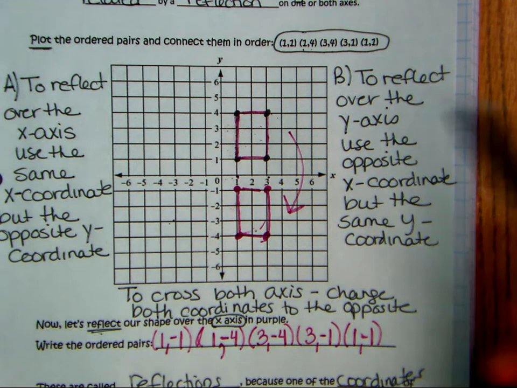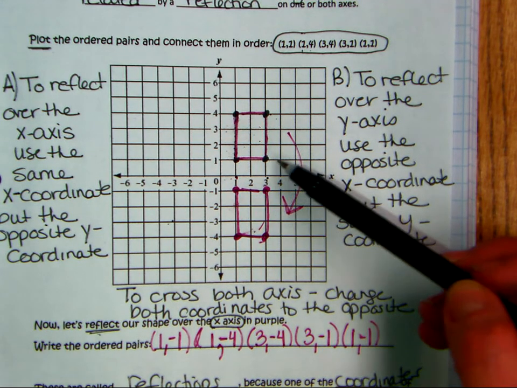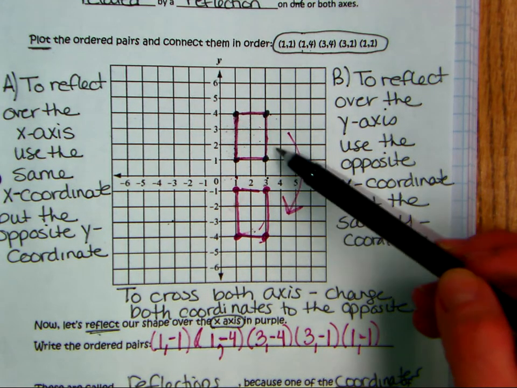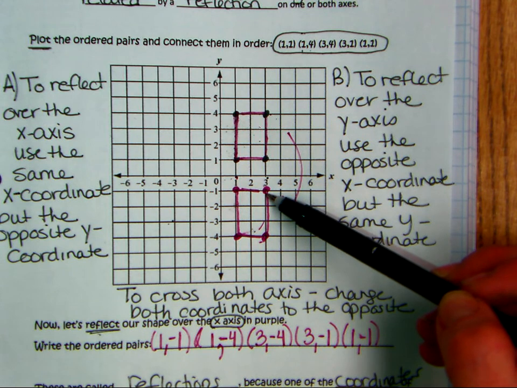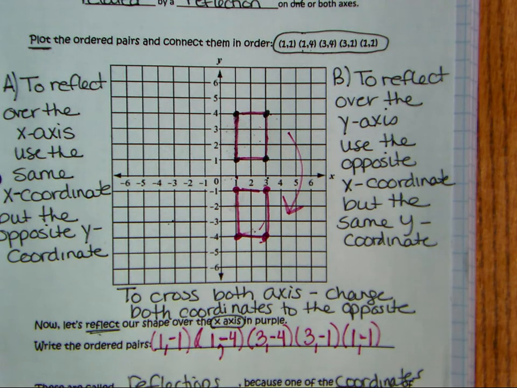Meaning, this spot is the same on the x, but it's the opposite on the y. This is the same on the x, but the opposite on the y. It's both 3, but it is up only 1 up here and then down negative 1 here. And that's how you do a reflection.